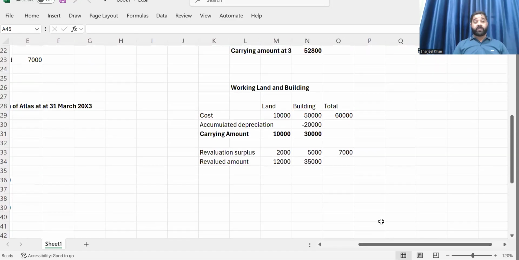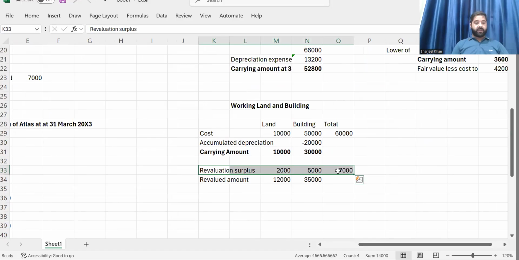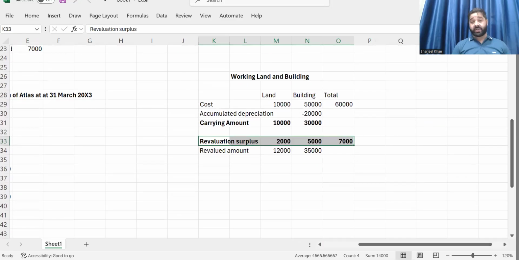So this is the good point. When you have already prepared the structure, make the adjustment accordingly. A complete revaluation surplus at the start of the year, 7,000: 2,000 for the land, 5,000 for the building. Now just look at this requirement, then we will calculate the depreciation expense as well.